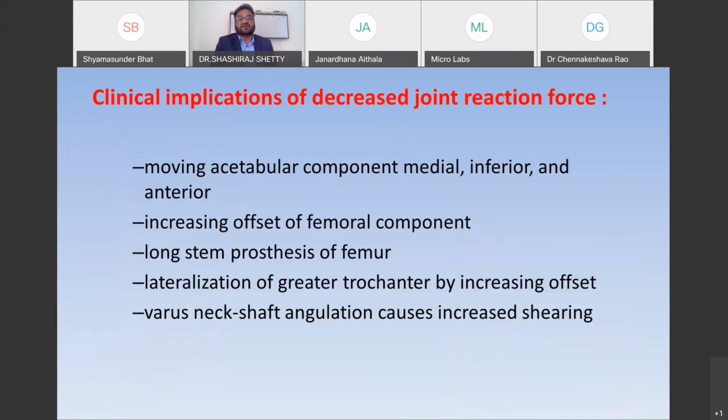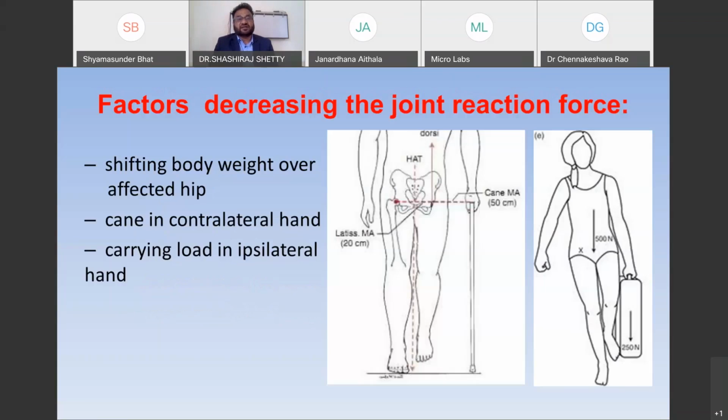Clinical implications of the joint reaction force. Moving the acetabular component medially, inferiorly and anteriorly, a long stem of the femur, and lateralization of the greater trochanter by increasing the offset, whereas neck shaft angulation causes increased shearing. Factors decreasing the joint reaction force are shifting the body weight over the affected hip, or carrying the load on the ipsilateral side.